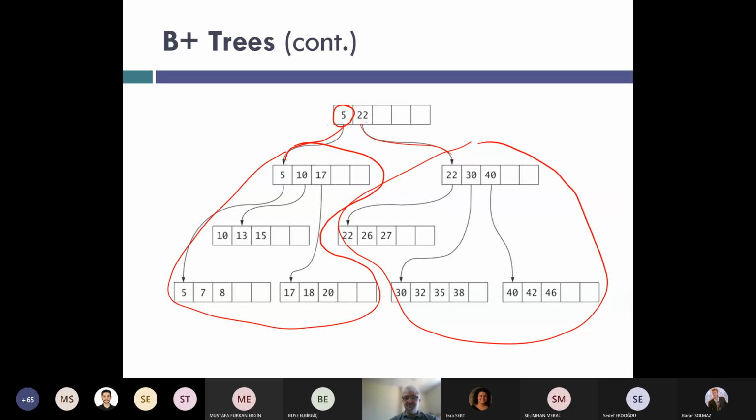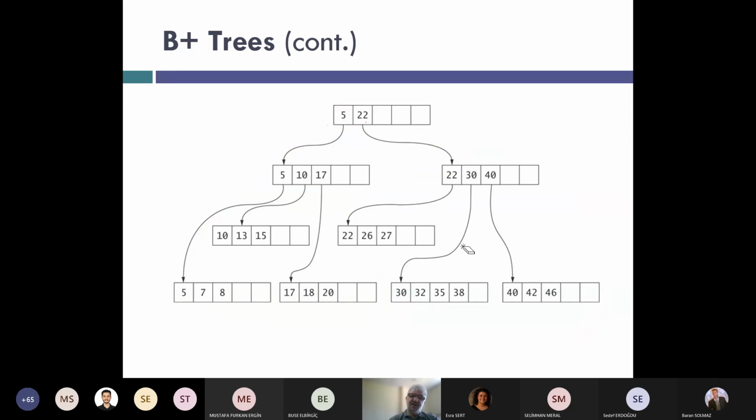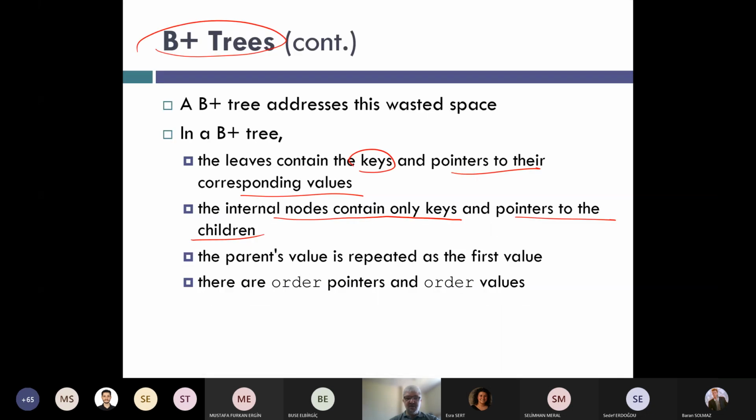Okay. So the values are repeated in internal nodes. The parent's value is repeated as the first value.